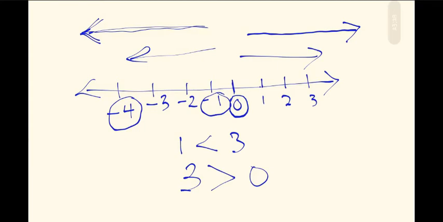To help us remember the signs, or to know which signs to choose correctly, take note that the open up of the sign, that is this part of the sign, where the sign gets bigger, faces the bigger number.